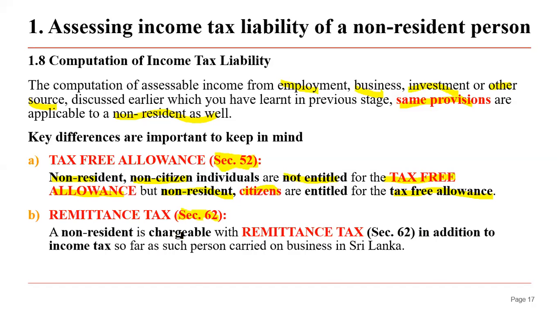In addition to the income tax, when they are carrying on a business in Sri Lanka, they are required to pay remittance tax. What is the applicable rate for non-resident?